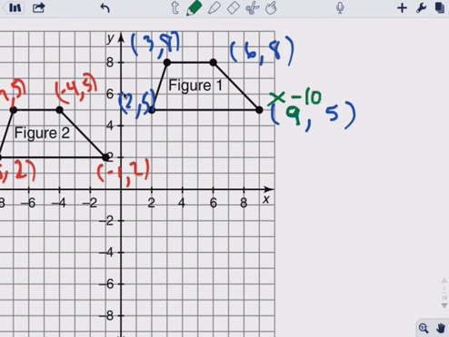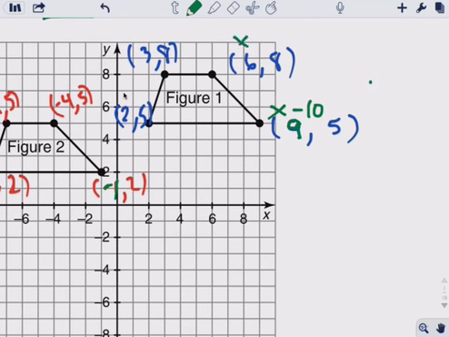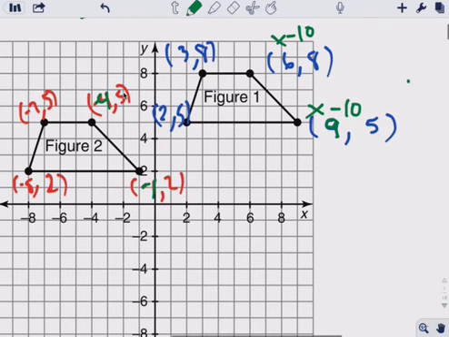Minus 10. 9 minus 10 gets you negative 1. I hope you see that. Let's test it out: 6 minus 10 gets me negative 4, so I'm correct. And check the other one: 3 minus 10 gets you negative 7, so x minus 10 is correct.